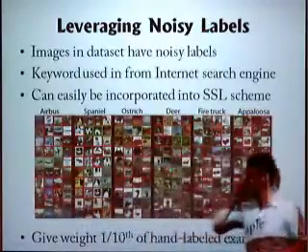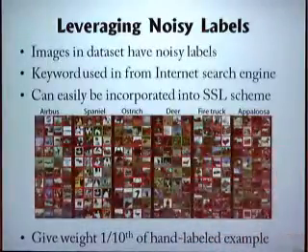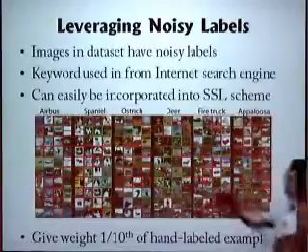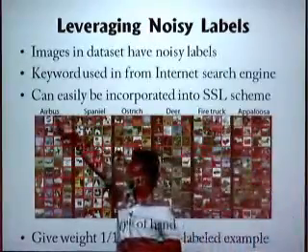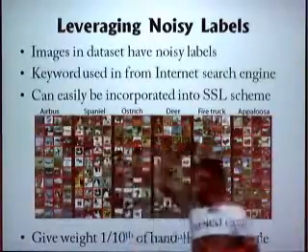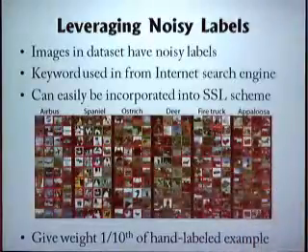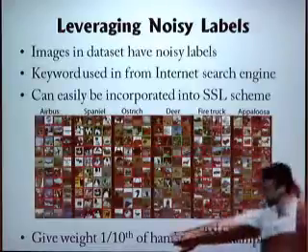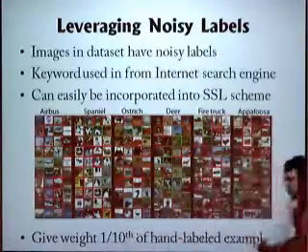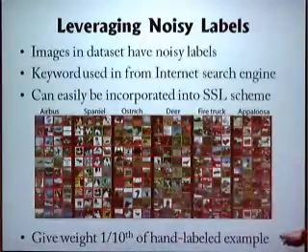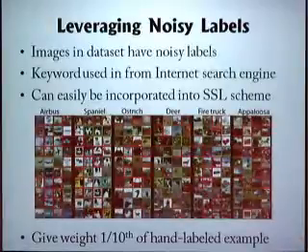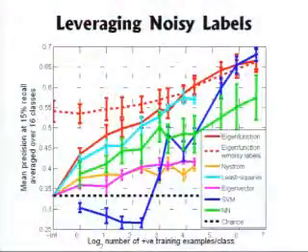And we can take the images from all other keywords and label them as negative. In other words, we're just using the label that was from the original search engine. We obviously don't trust these labels so much as the actual hand-specified ones, so we give them a much smaller weight. That value lambda we use is 1/10 of whatever we give a hand-labeled example. And if you do that, you find it gives you a very nice boost to performance.